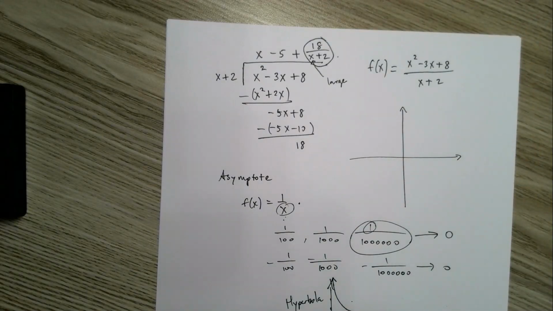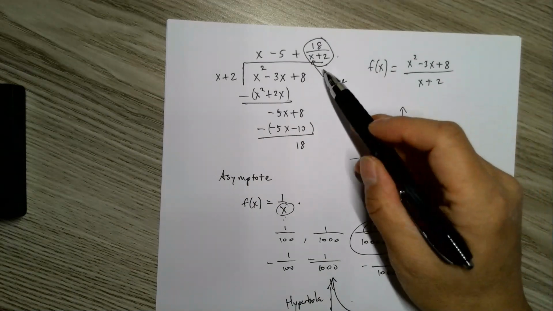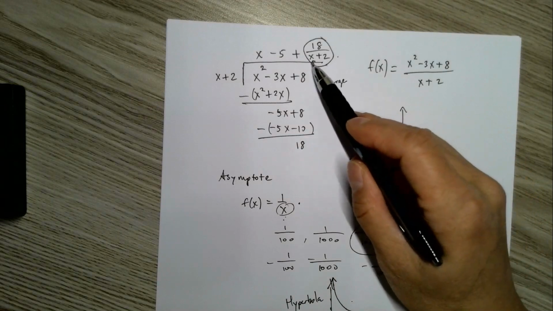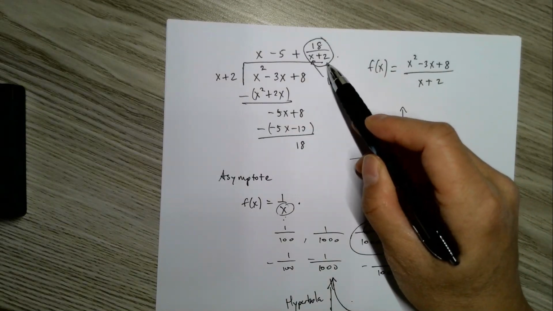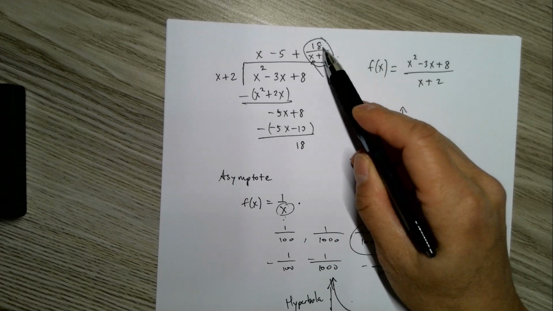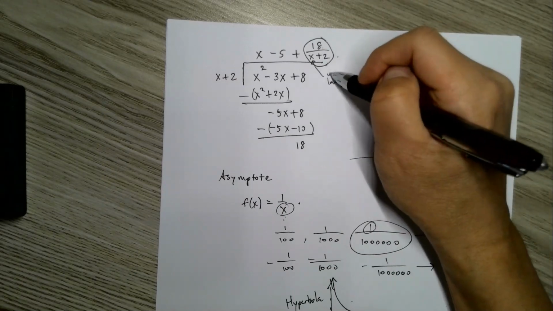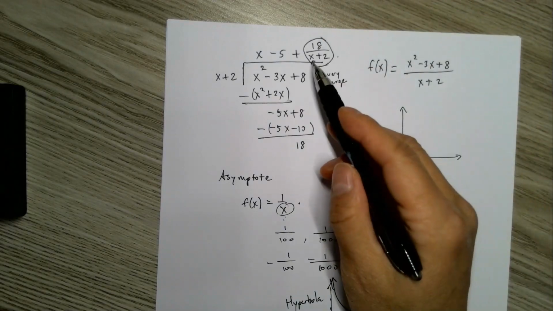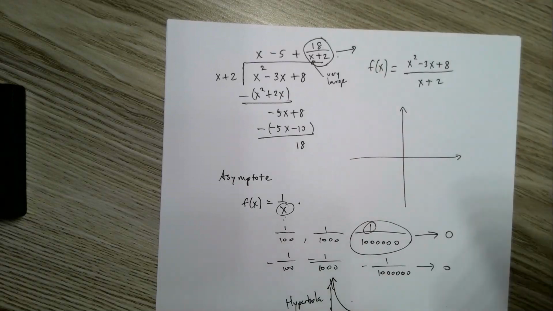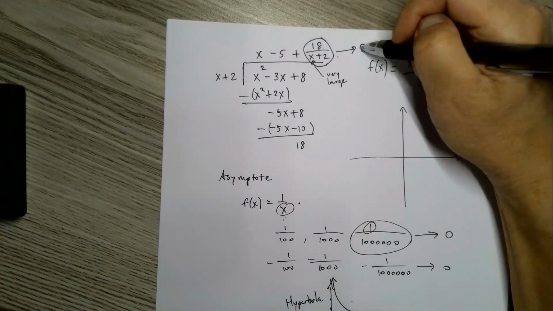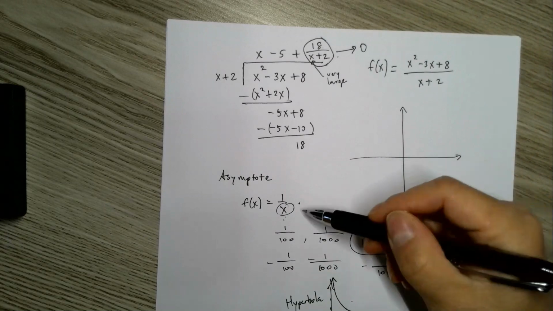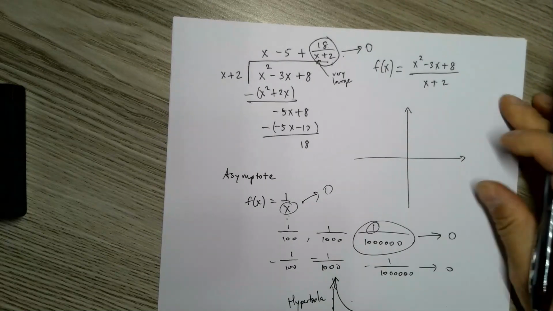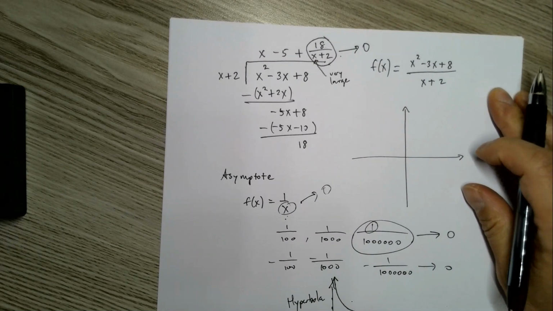It gets large also. And if I put really large numbers in for x, x plus 2 gets much, much larger than 18, which can't change, it's constant. So when I put very large values of x into the denominator of this fraction, guess what? That fraction also approaches 0 in the same way this fraction approached 0 when x is large.